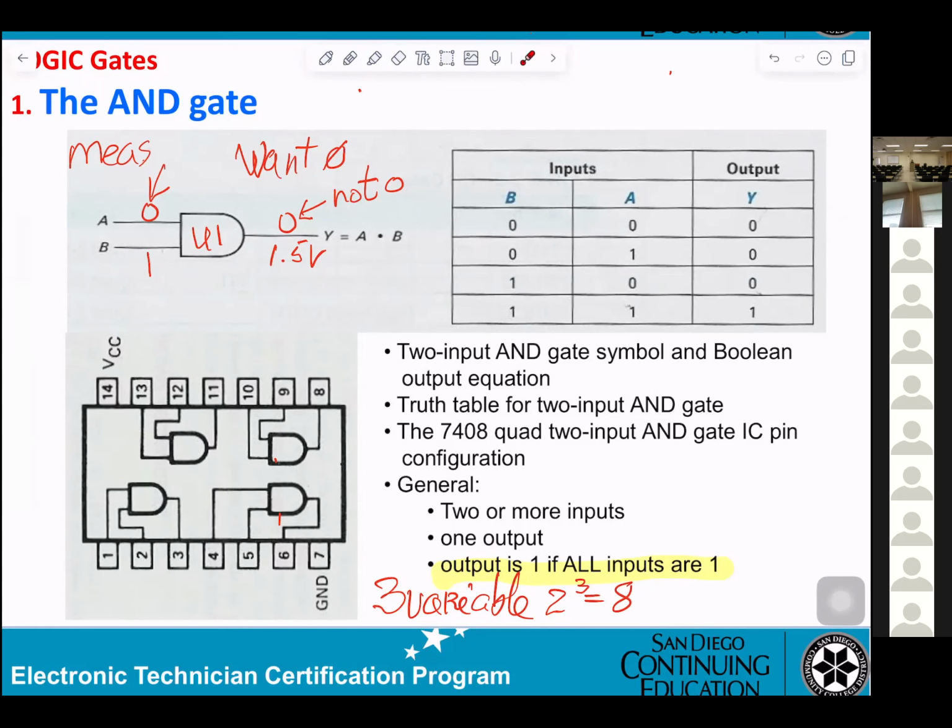It is just AND, A times B. If you multiply by 0, anyway you get 0. So that must be don't care. Later on, you will understand don't care. Don't care means they can be 1 or they can be 0. That doesn't matter. That's what we call don't care.